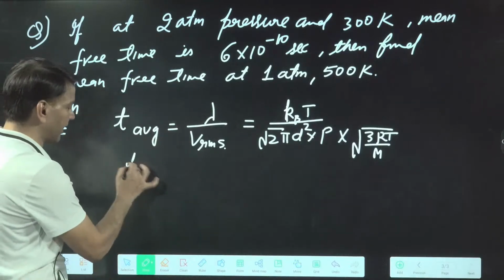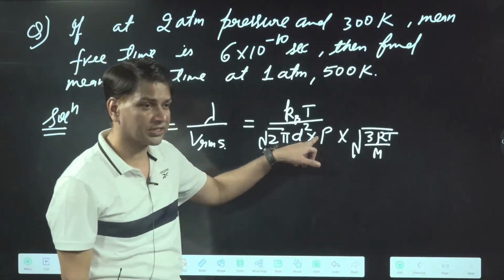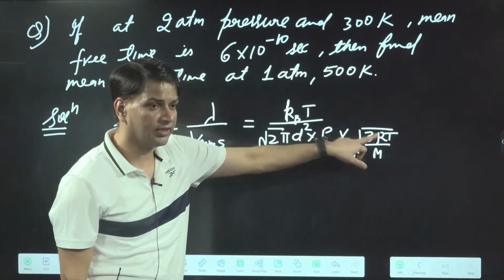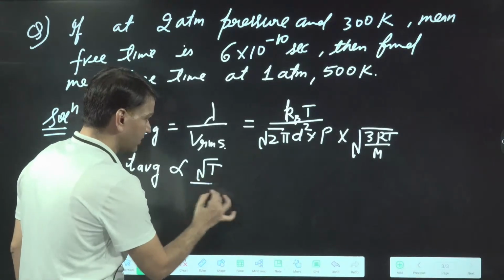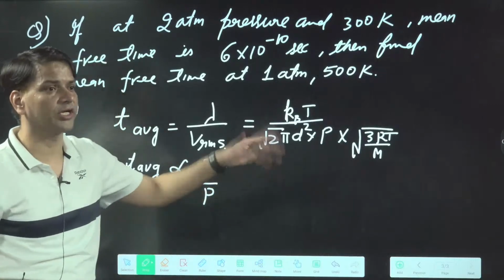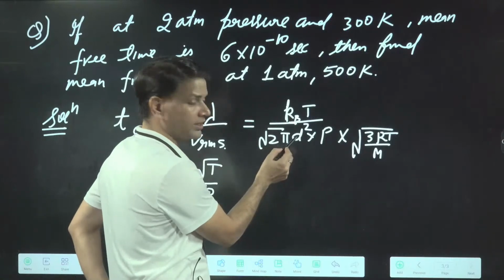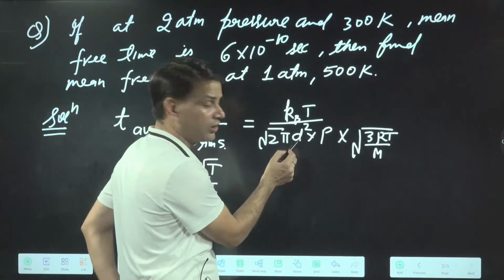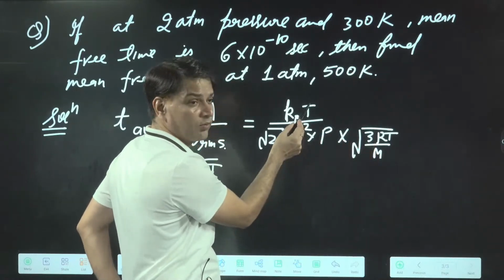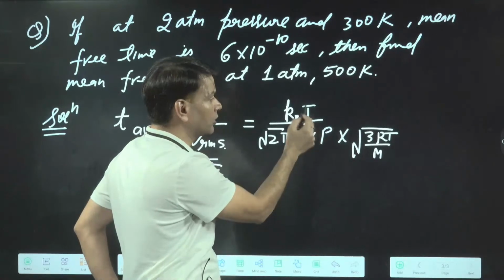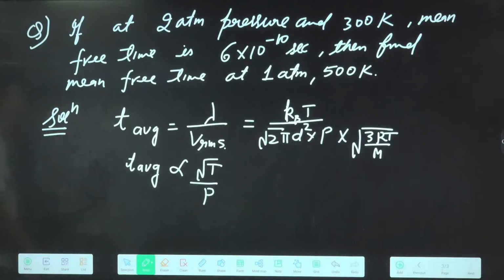T average is directly proportional to, with pressure in the denominator and under root T, and T in the numerator, root T by P. Rest of the quantities are constant: kb, root 2, pi, the diameter of the molecule for the given gas, and 3R and M. So here what is remaining? T upon root T, what did you get? Under root T upon P. Yes or no?